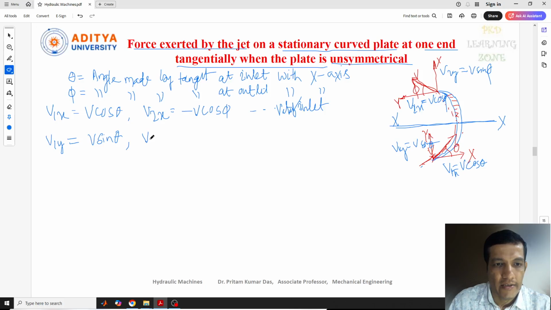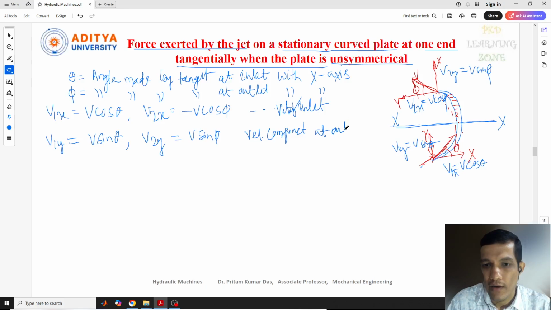Similarly, v2y is nothing but v sin phi. This is the velocity component at the outlet condition.